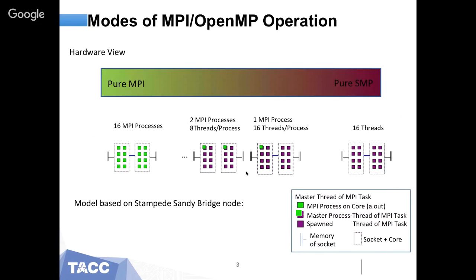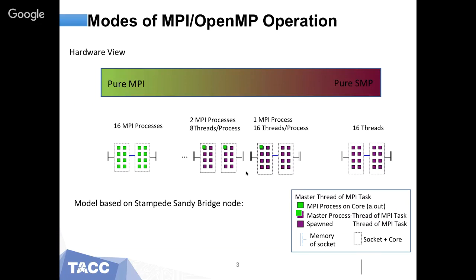Each process that starts and has a parallel region will have 16, and there's only one. If I'm going to have two MPI processes on that node, then there's 16 cores. I want to split those up, and I want to only have 8 threads per process. So I would set OMP_NUM_THREADS to 8 in that scenario. And so you would do things like that.